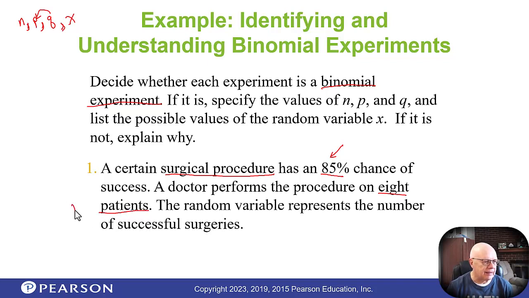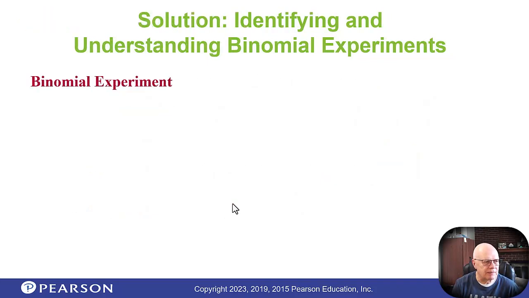That would be n equals 8. This is p equals 0.85, which means q is 1 minus p, which in this case, 1 minus 0.85 is 0.15. And x is going to represent how many successful surgeries.